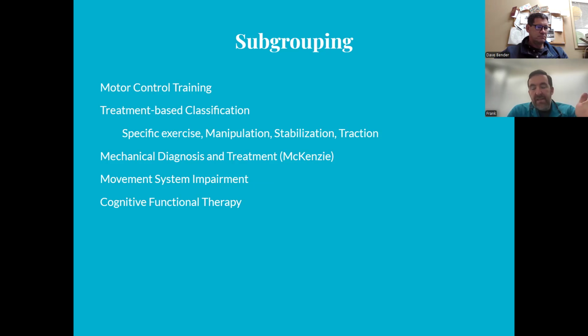It's a big spectrum from very mechanistic to some of the cognitive functional things, which is more pain science. And I think the big takeaway that you and I do is we're going to take things from all of this. And this article talks about, rather than worrying about necessarily these things, let's look at the mechanism of pain first.